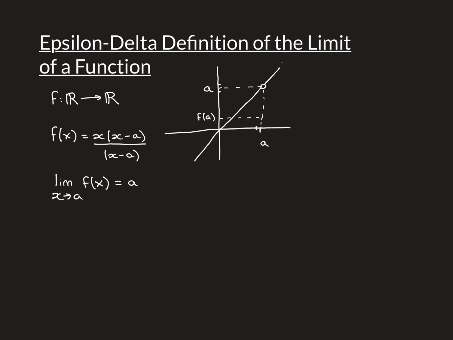And we will be able to find a point, and I've drawn this on here, a point that is potentially very close to a in the domain, such that when you look at what it's being mapped onto, it will be within that epsilon closeness of a, within this epsilon interval. So if you go close enough to a in the domain, you will be within your epsilon closeness of a in the codomain.